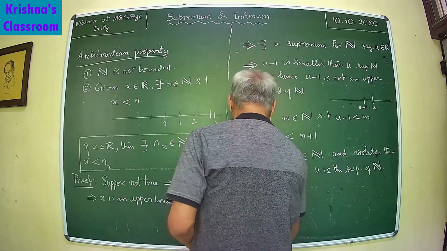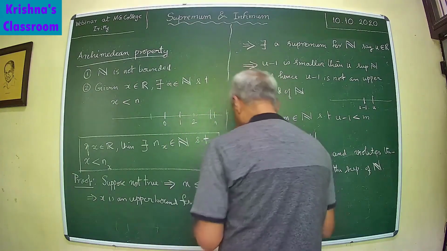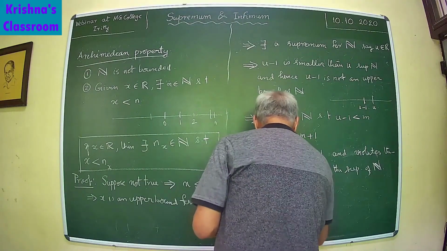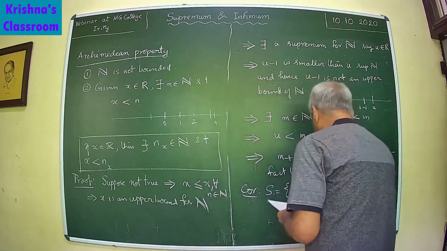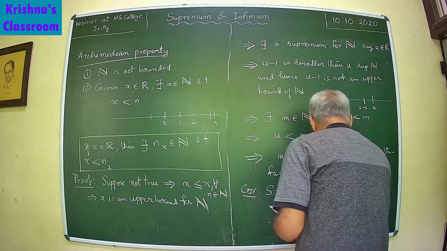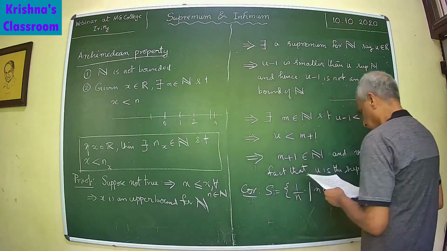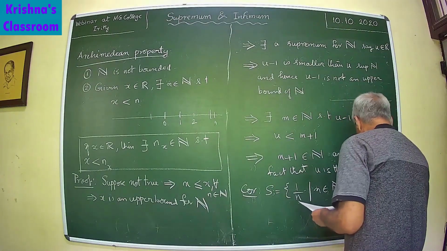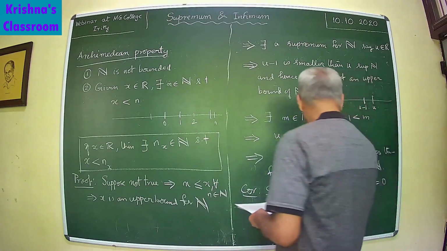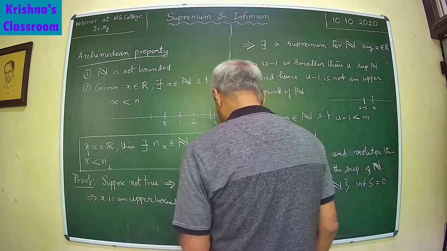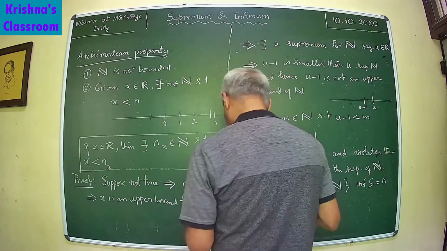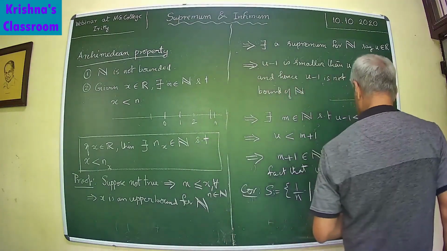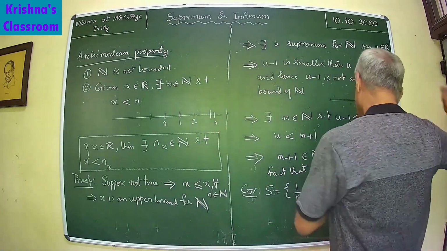These are important things. If S is equal to 1 by n such that n belongs to N, then infimum of S is equal to 0. I mean, that's for you to easily work it out. And you can give a proof using this, because you see that you can get a bound.